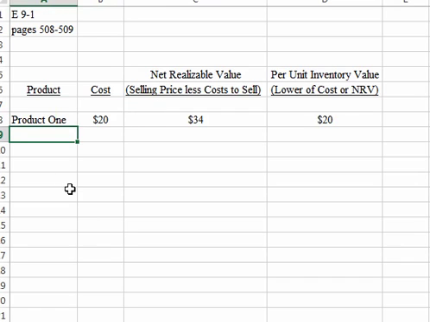Okay, the next one, again, they put a lot of thought into these names, but Product 2. Be consistent. Product 2, cost is $90.